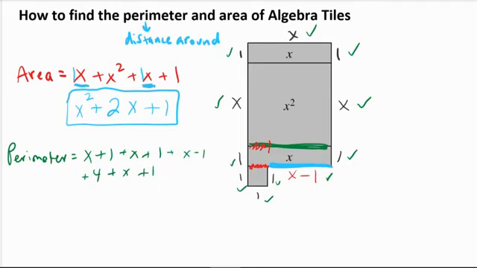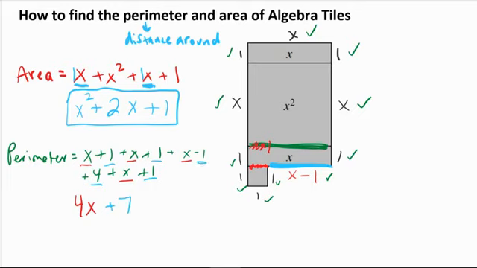And now I want to combine like terms just like we did for area. So let me look at the x's. So there's 1, 2, 3, 4. There's 4 x's. And then for the units, I have 1, 2. I'll start at the positive. So there's 2. 2 plus 4 is 6. Plus 1 is 7. Okay, so there's 7 positive units.